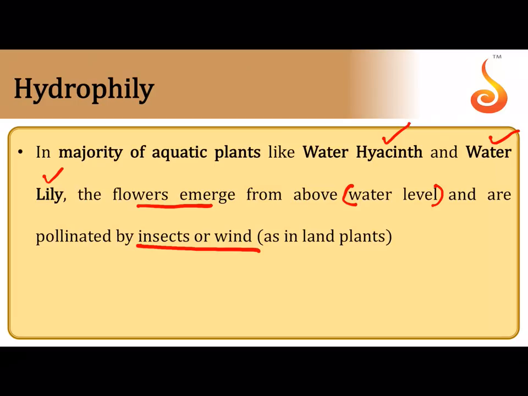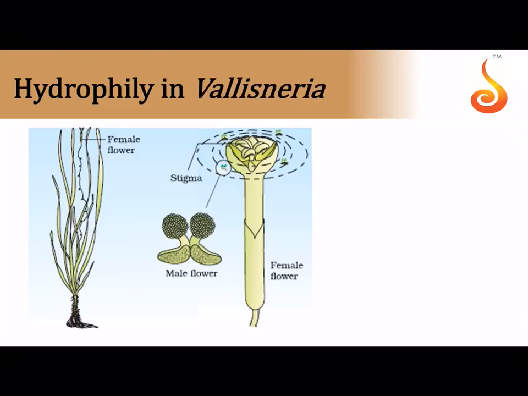So don't think all water plants depend on water for pollination. There are some water plants like water hyacinth and water lily which depend on insects and wind for the process of pollination. Okay?